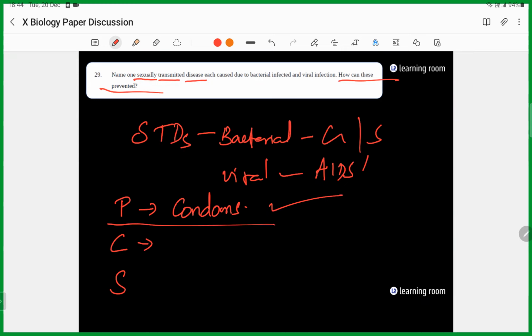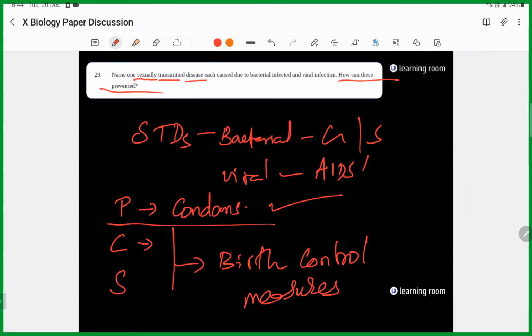The others can be included more specifically for birth control, not just disease control. Chemical methods use pills. What are the two surgical methods in birth control?